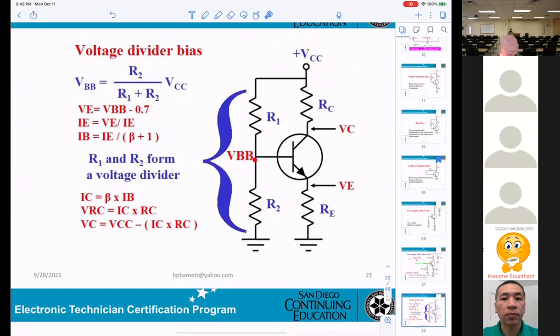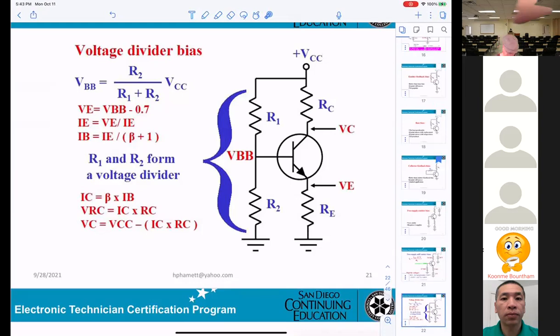So VBB equals VCC times R2 divided by R1 plus R2. That's the voltage at the base. And the resistors are only 5 cents each, really cheap, so you can see this circuitry most of the time in schematics.